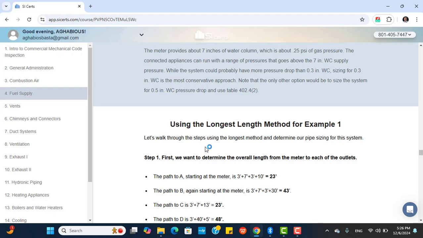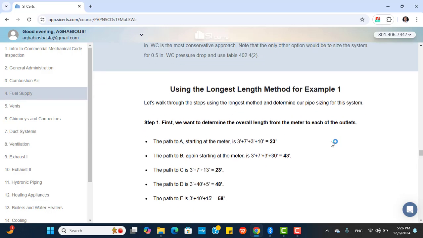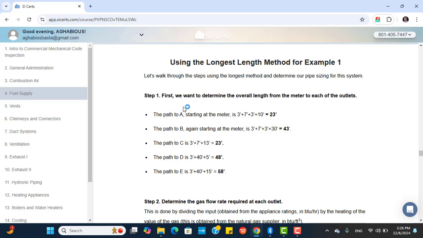Let's walk through the steps using the longest length method and determine our pipe sizing for the system. Step 1. First, we want to determine the overall length from the meter to each of the outlets. The path to A, starting at the meter, is 3 feet plus 7 feet plus 3 feet plus 10 feet, which equals 23 feet. The path to B, again starting at the meter, is 3 feet plus 7 feet plus 3 feet plus 30, which equals 43.